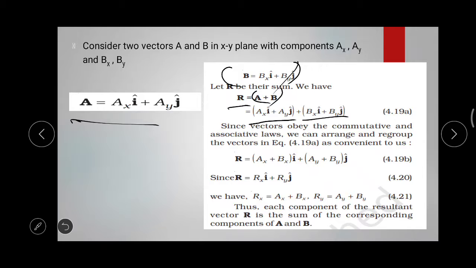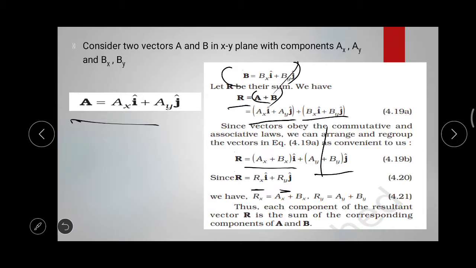So the x components of A and B we have arranged together, and the y components of A and B have arranged in another group. So where Ax plus Bx i cap will be equal to Rx i cap, and Ay plus By j cap will become Ry j cap.